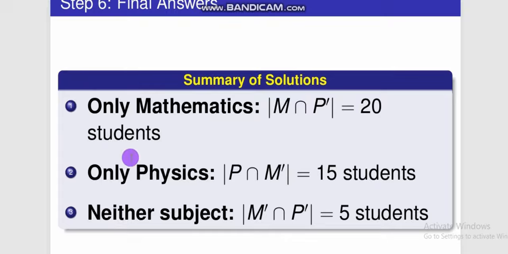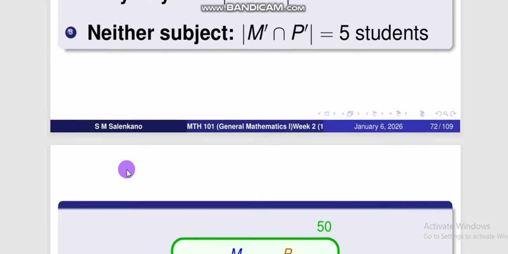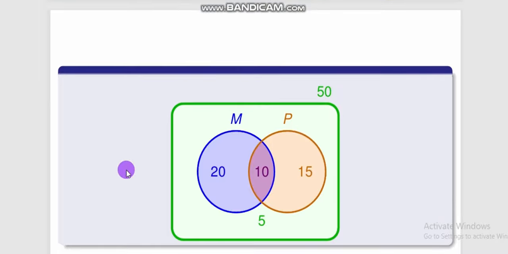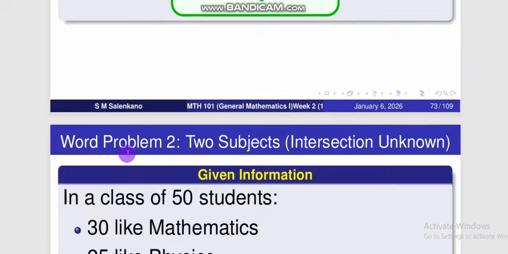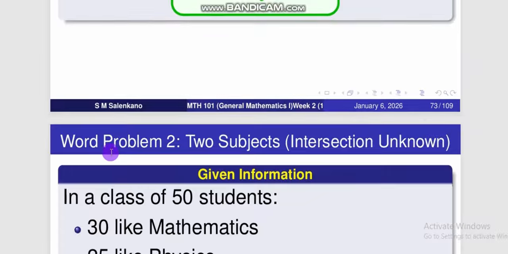That was our solution, right? And here we got the Venn diagram. Only math, only physics, both math and physics, neither math nor physics, and then our universal set 50. That was our result. Now we will go to problem 2.